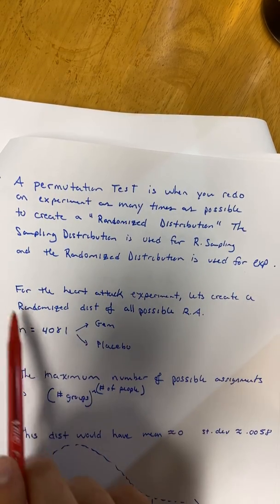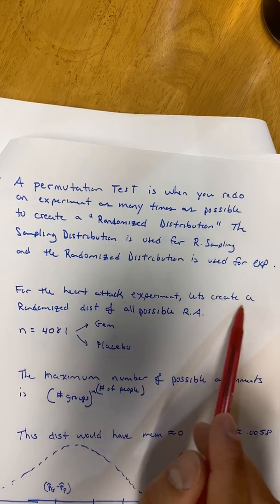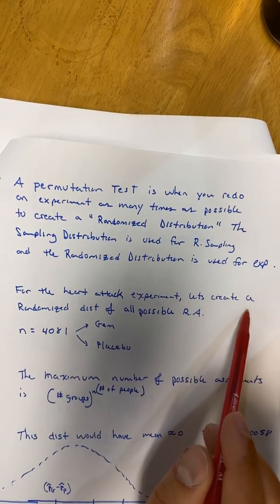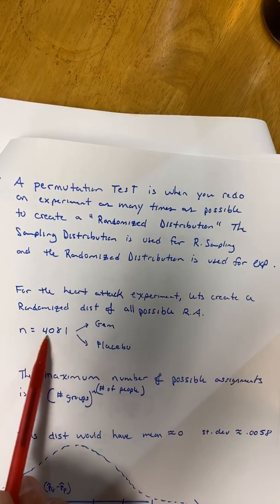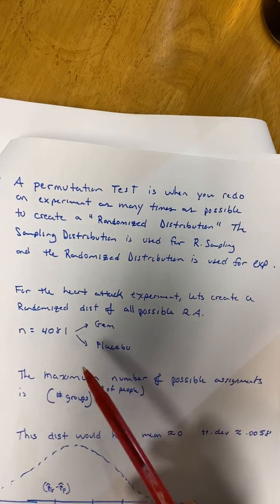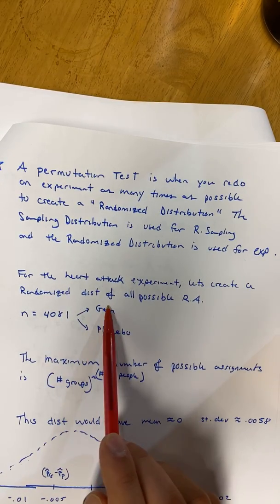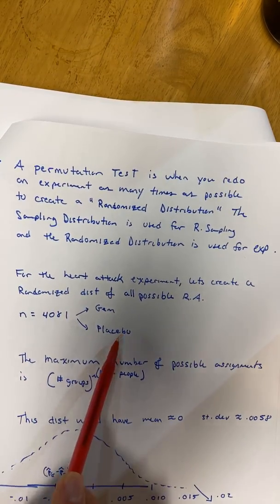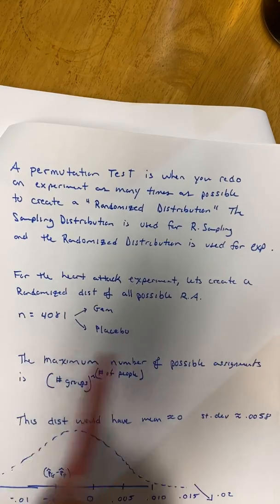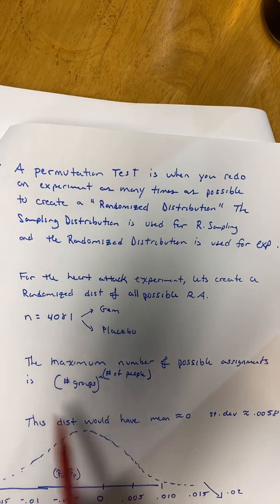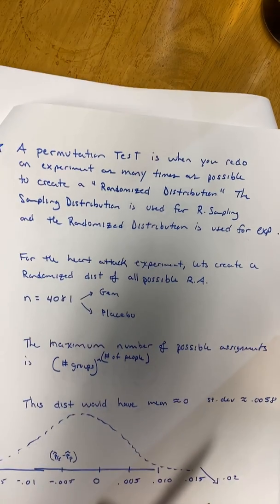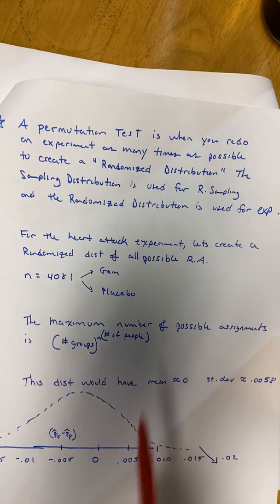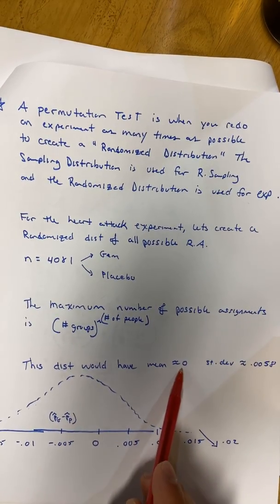So for that heart attack experiment, basically to create a randomized distribution, you had 4,081 total people. And we put some in that group and then some in the placebo group. Now you don't need to really look at the math on this one of how many possible combinations there are, but if they were truly equal, we would have a mean of 0.